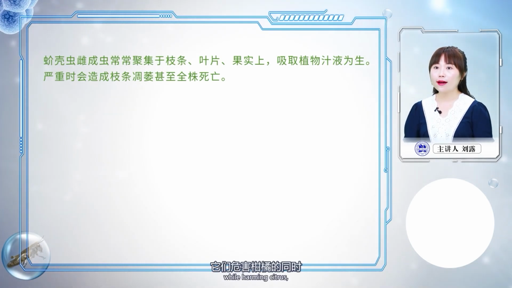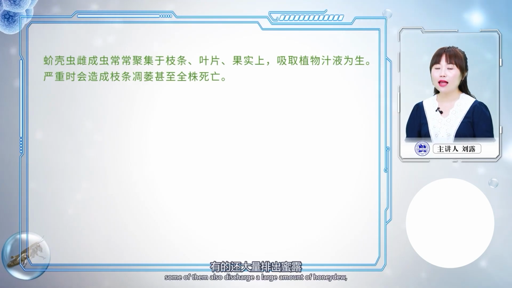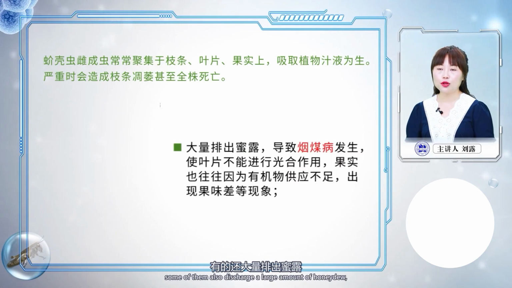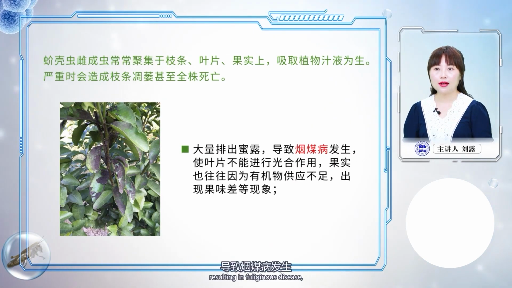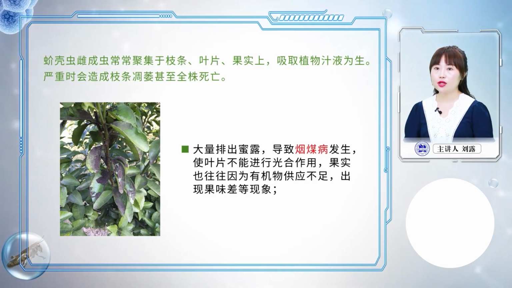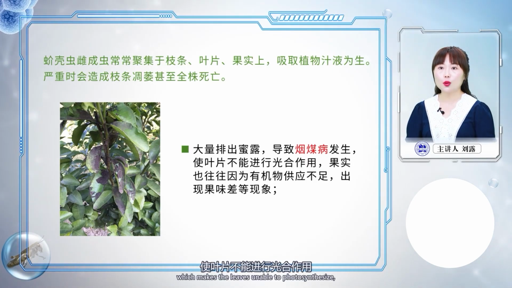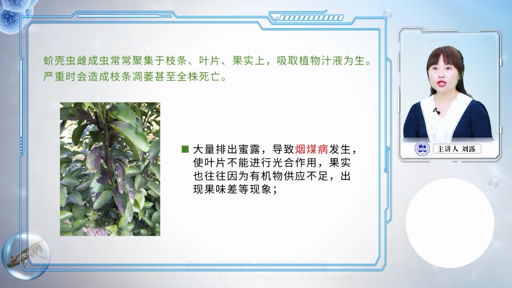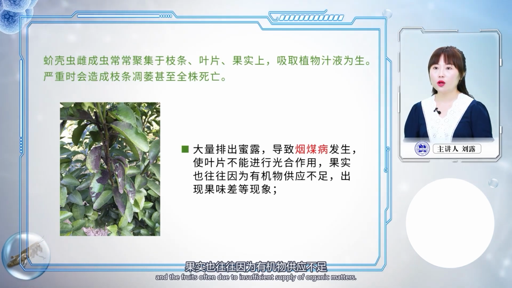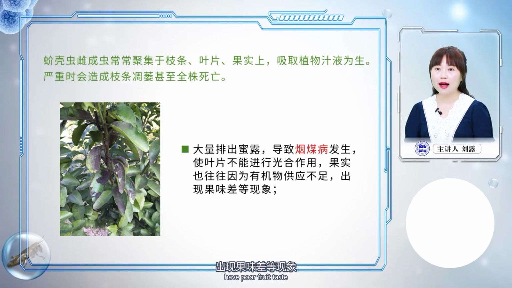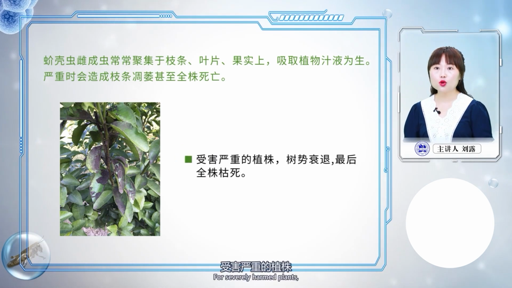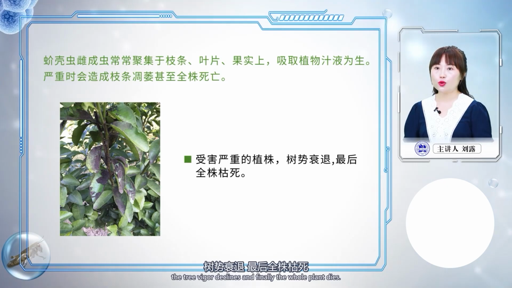In addition, while harming citrus, some of them also discharge a large amount of honeydew, resulting in fuliginous disease, which makes the leaves unable to photosynthesize. And the fruits often have poor fruit taste due to insufficient supply of organic matters. For severely harmed plants, the tree vigor declines, and finally the whole plant dies.